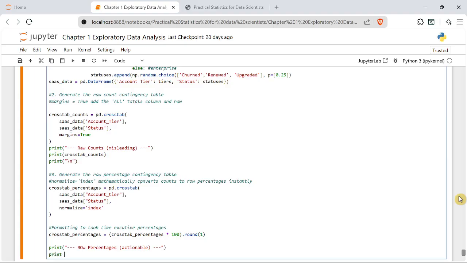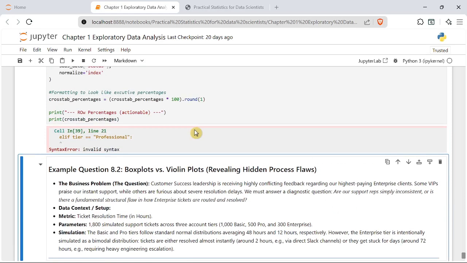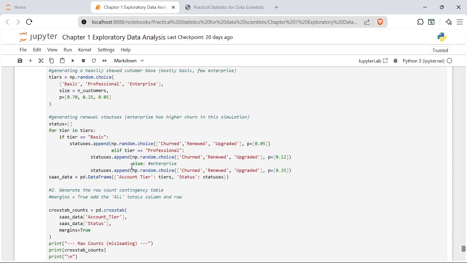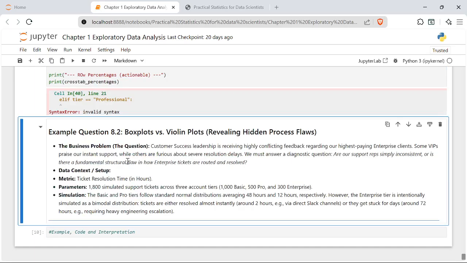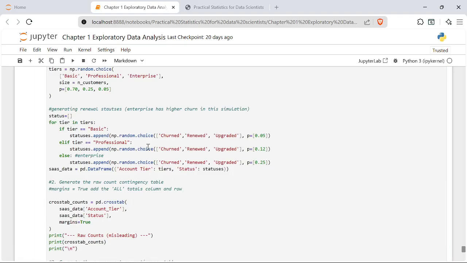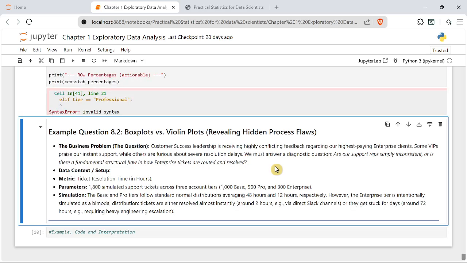Print cross tab percentages. Invalid syntax.